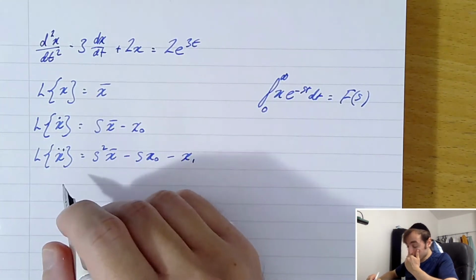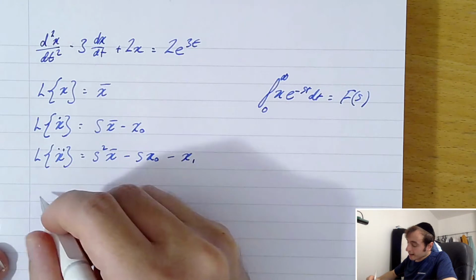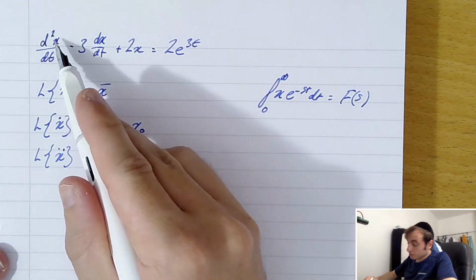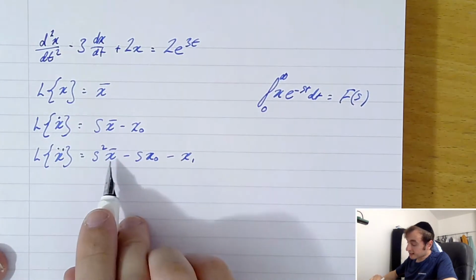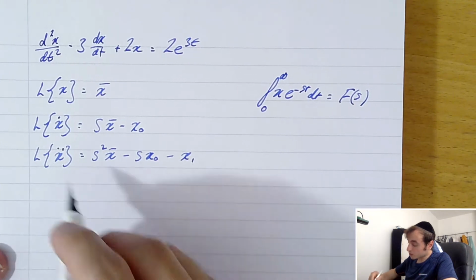So I'm going to go straight into that and say the Laplace transform of d2x by dt squared is going to be s squared x bar minus s x naught minus x1.